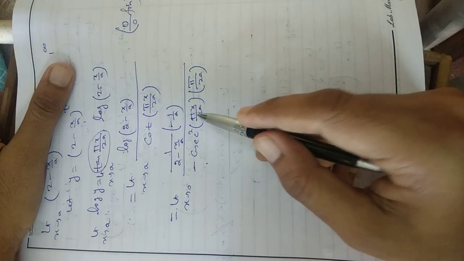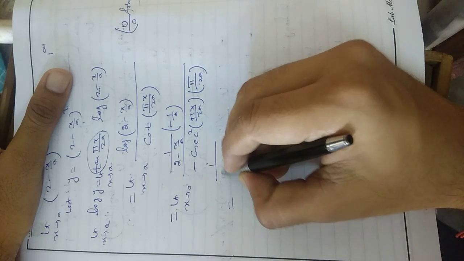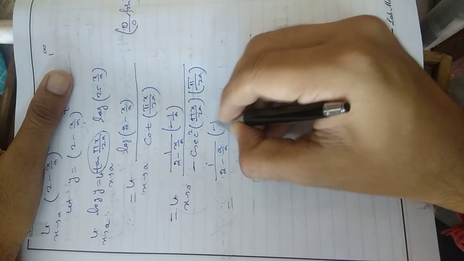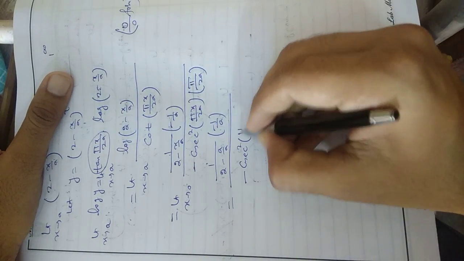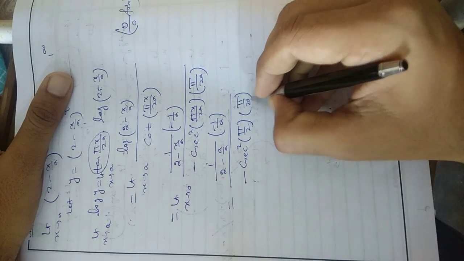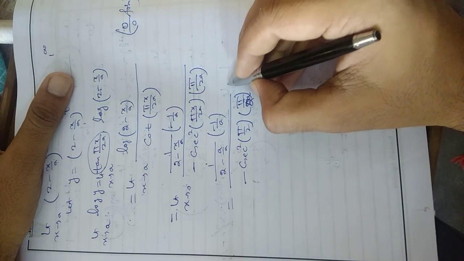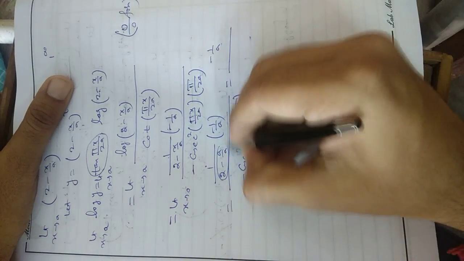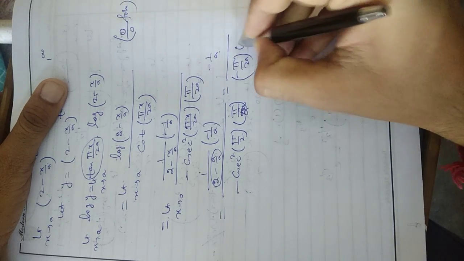So now it is becoming determinate form. We will apply the limit. Now this is 1 over 2 minus a over a into minus 1 over a, divided by minus cosecant square pi over 2 into pi over 2a. So this is equal to minus 1 over a, because this will become 1, minus pi over 2a into 1.